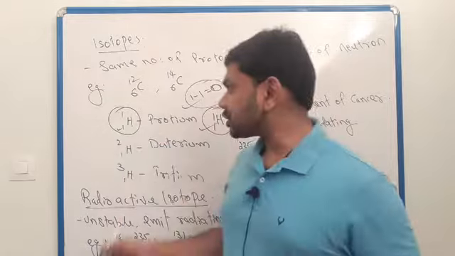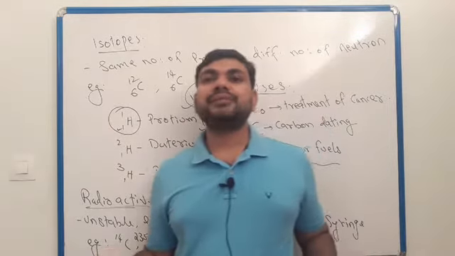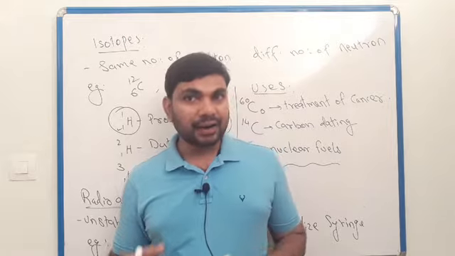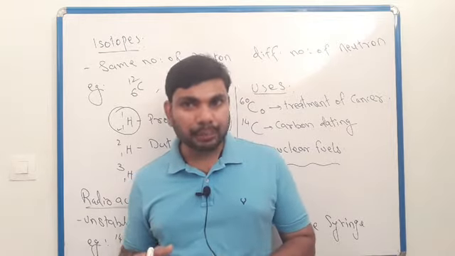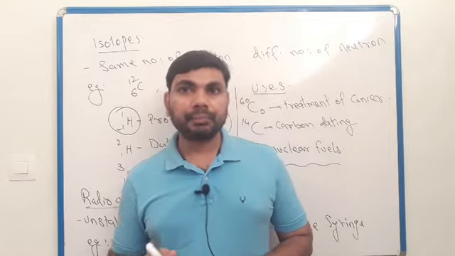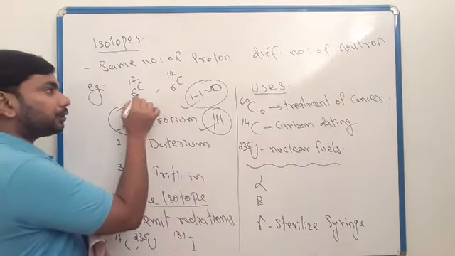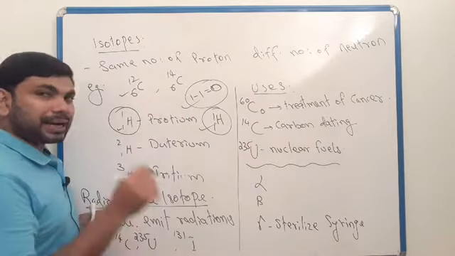The definition of isotopes: different atoms of the same element have the same atomic number but different mass numbers. So the atomic number, or you can say the proton number, is the same.